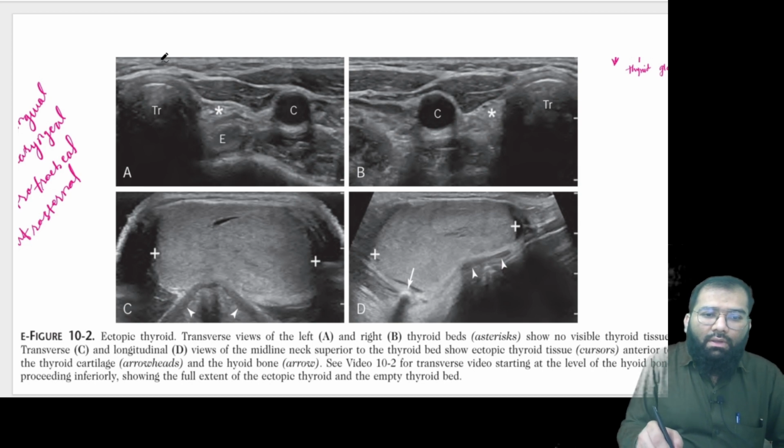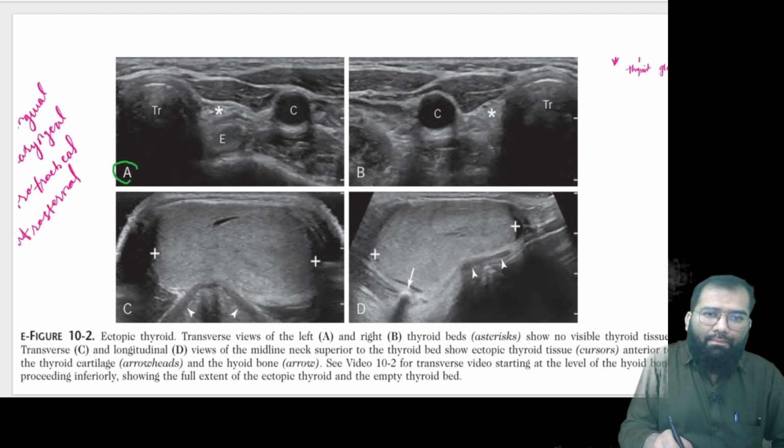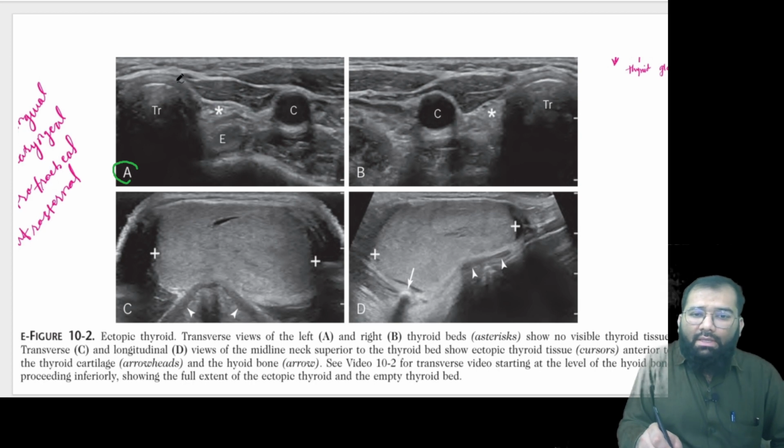So now let us see this. There are four important images which I have discussed. If you see image A, this is again a transverse section, and what you are able to see is the trachea, and this is the esophagus.